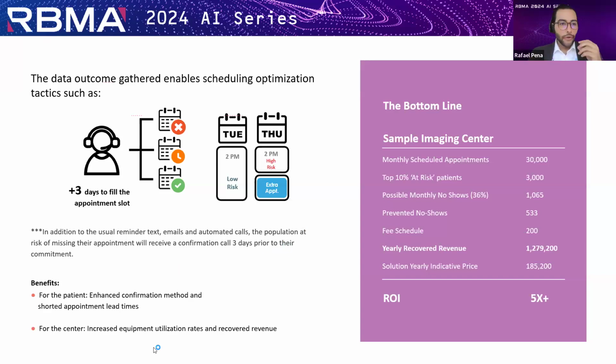So we just wanted to quickly bring this simple but powerful example, because we truly believe in the power of data, in the power of machine learning and AI overall, applied to the different business processes, not only on the clinical side, but also on the operational side, as we're talking now. And we have realized tremendous impact working with different imaging centers in the past throughout the whole country.